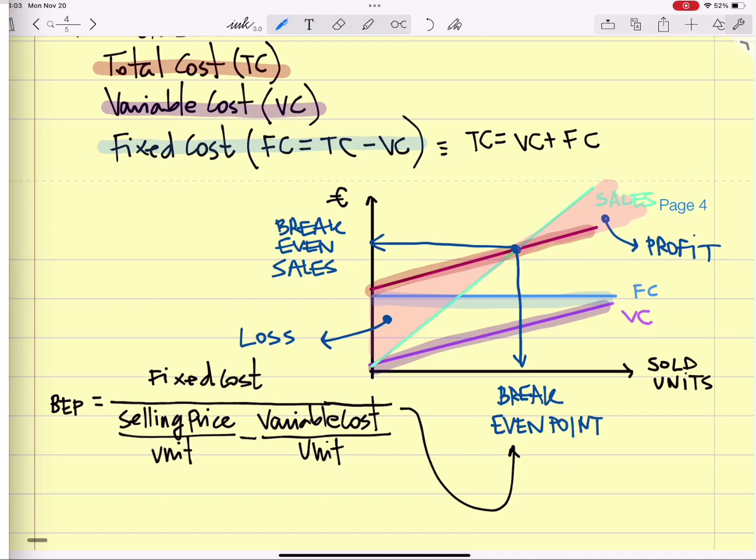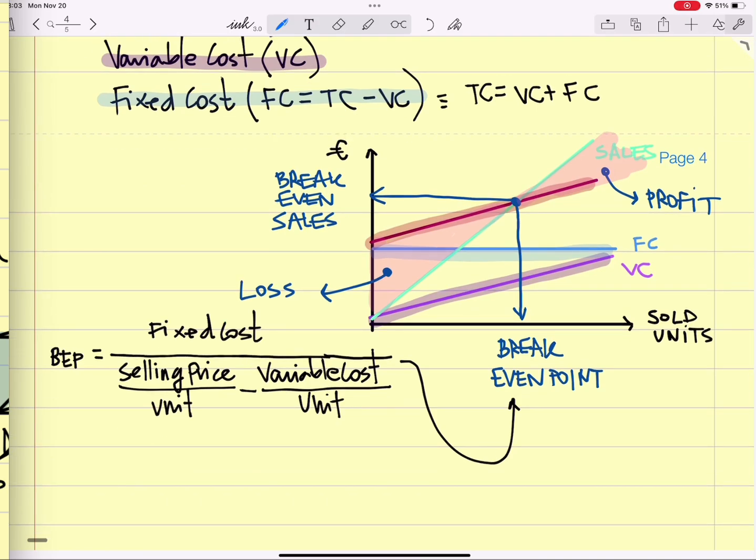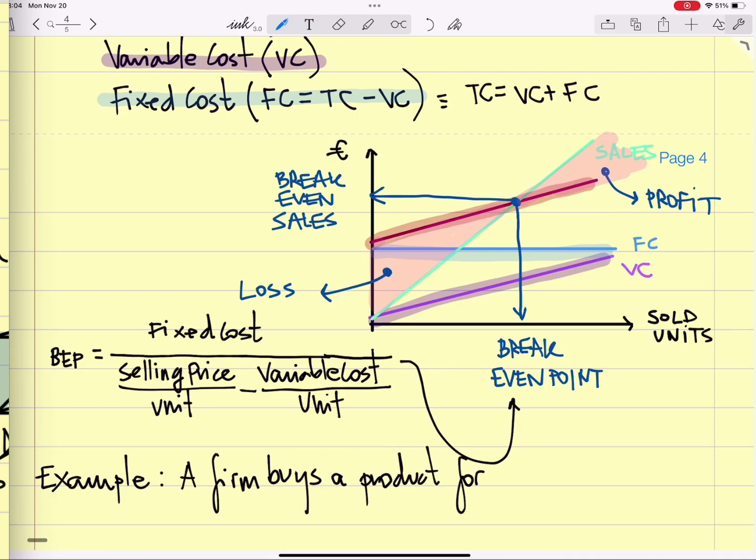So this is one thing I asked the year before last. And in order to make it clearer, let's make an example, okay? A firm buys a product for €500 each.